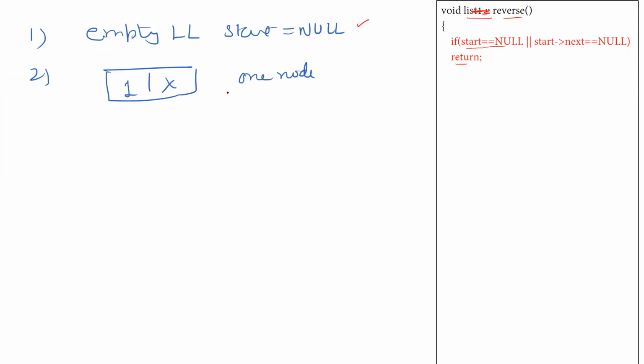Or if your linked list contains just one element, the reversal will lead to the same linked list. How do you detect a one-node linked list? If start next is equal to null in the starting node, the linked list consists of just one node. You don't have to do anything, just return from the function call.